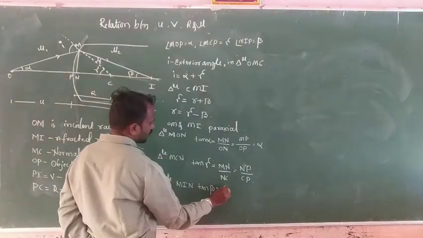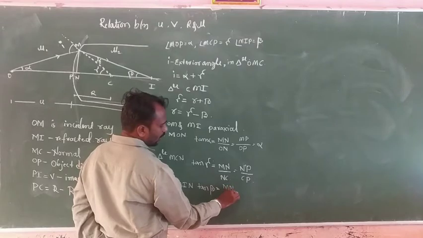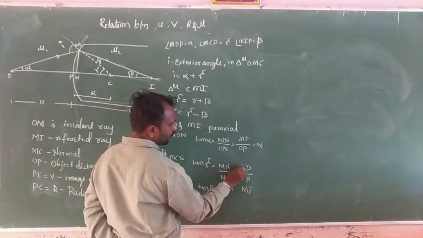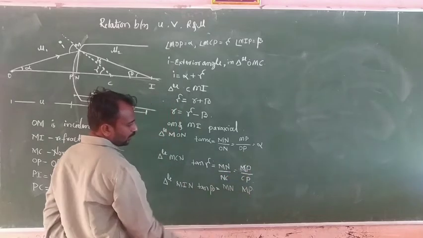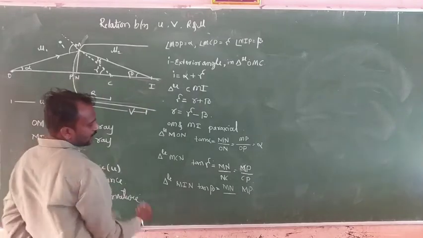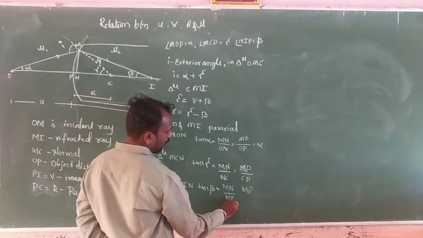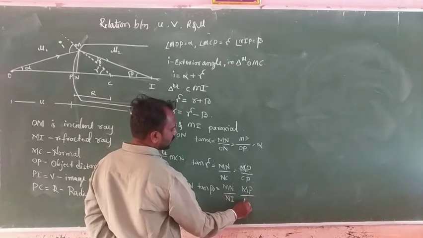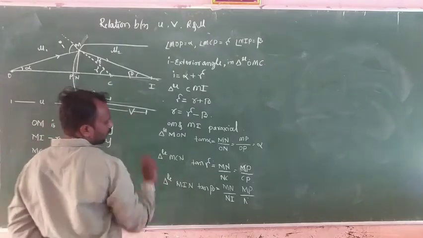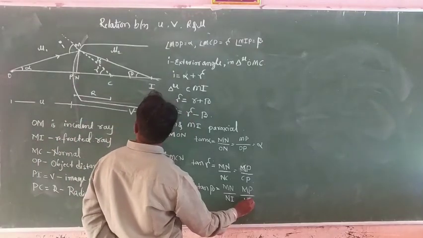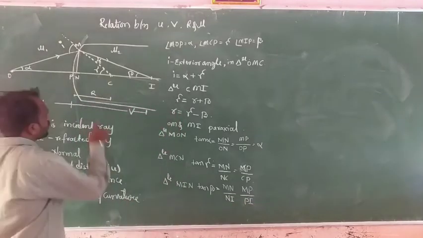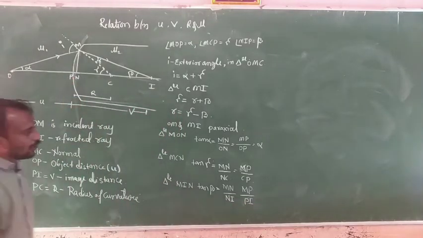Opposite MN we consider MP, divided by adjacent side NI. NI is nothing but PI, because this is a negligible distance.